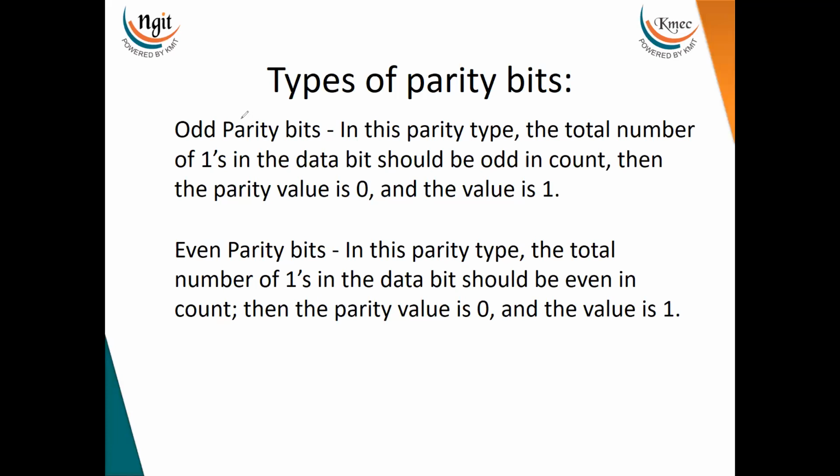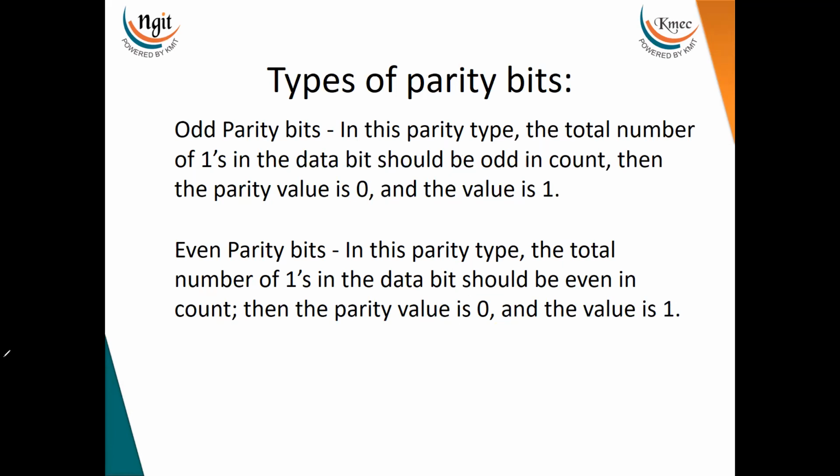Whenever we have odd parity bits, the total number of ones in the data bits should be odd in count. Whenever we have even parity bits, the total number of ones in the data bits should be even in count. Then the parity is 0, and otherwise the value is 1.